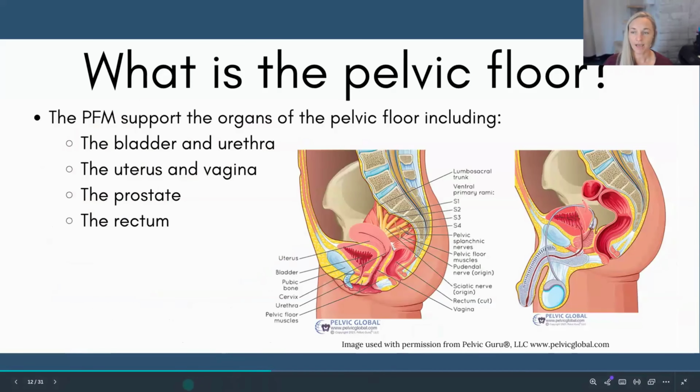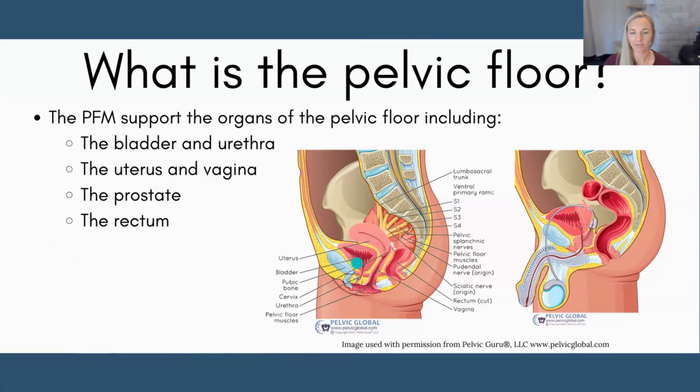In this slide, we're looking at the pelvic floor from the side. So we're cutting ourselves in half, and this is what it looks like. The pelvic floor muscles support the organs above the pelvic floor. These organs include the bladder and the urethra. Here's the bladder and the urethra for AMAB, assigned males at birth. The uterus and the vagina, and the prostate over here, and then the rectum in the back.